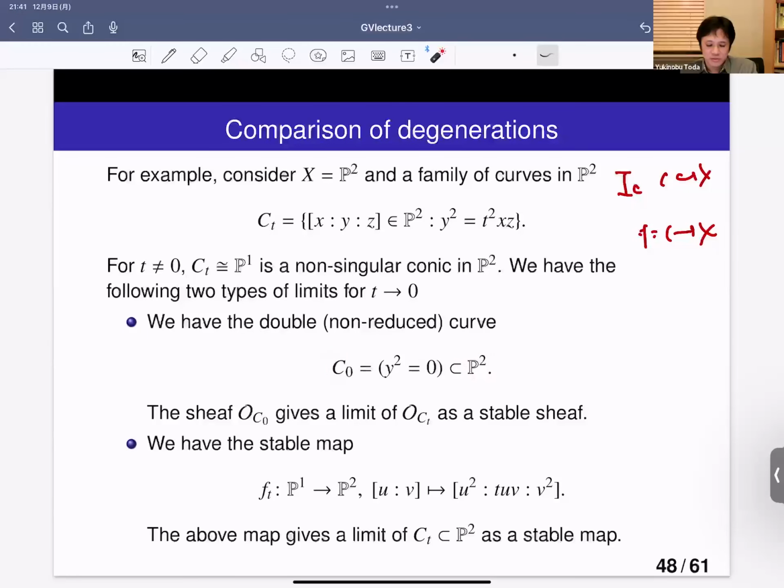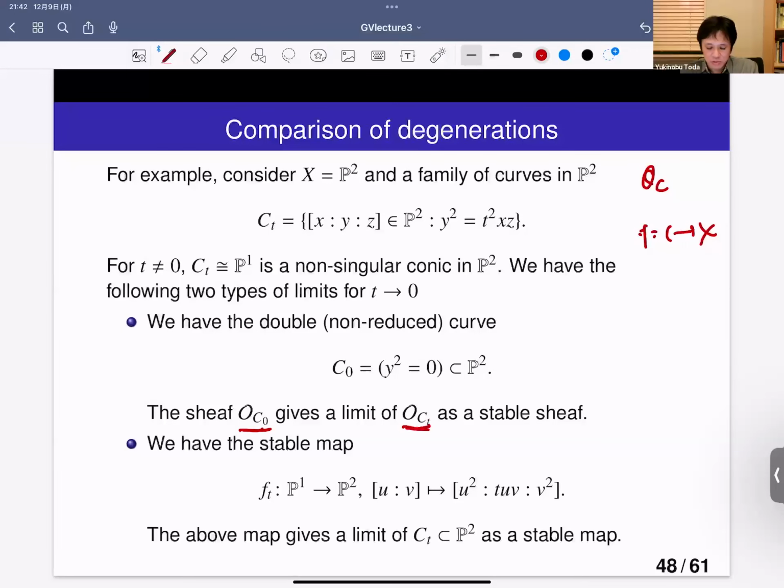So this gives a limit of the structure sheaf as a stable sheaf. I should say that in this example, I consider not the ideal sheaf, but the structure sheaf as a stable sheaf. It is not necessary that the structure sheaf is stable, but in this example, the structure sheaf is in fact stable. And if we take its limit, then this gives a limit as a stable sheaf.